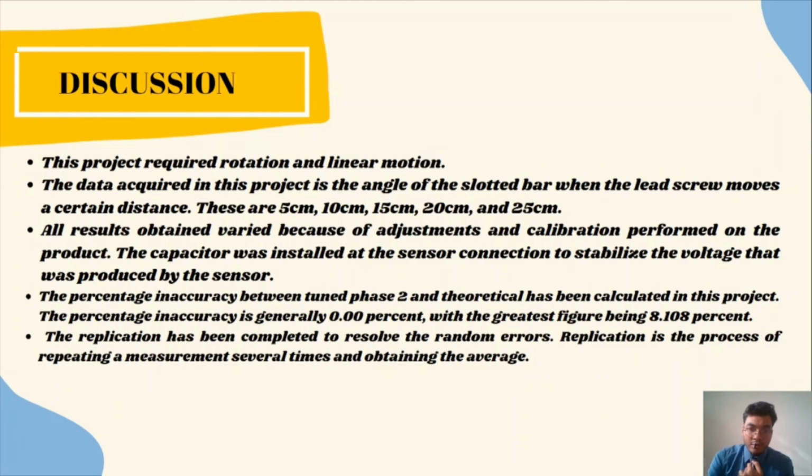A capacitor was installed at the sensor connection to stabilize the voltage produced by the sensor. The replication process is also used to decrease the error. What is the replication process? The replication process is repeating a measurement several times and obtaining the average. That's all from me.